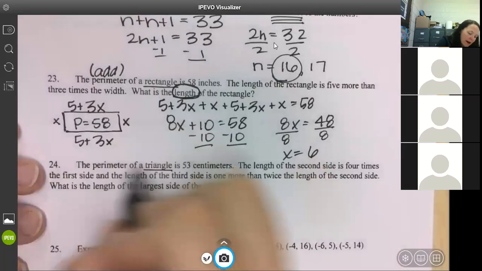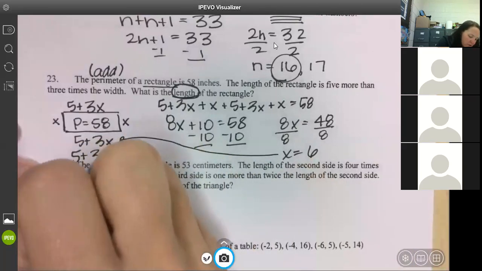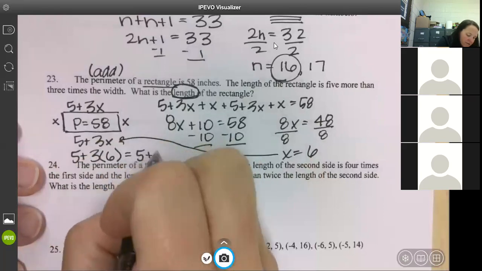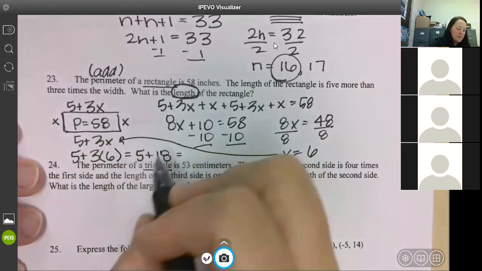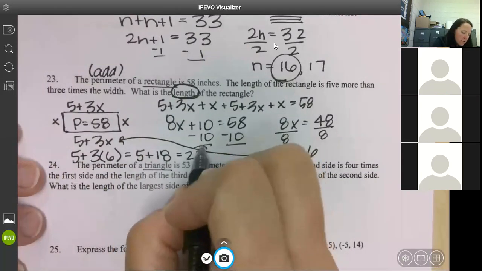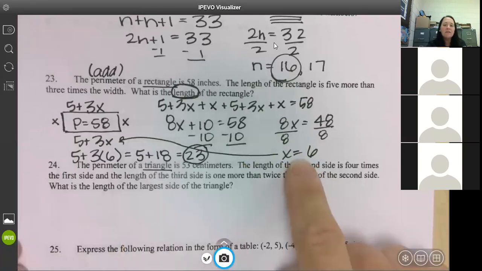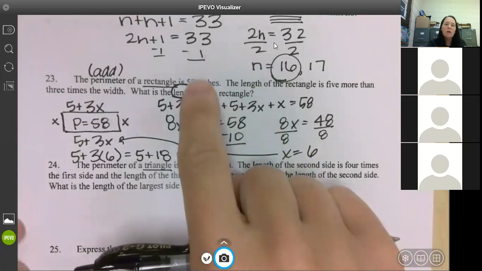So we have to go back over here and put it in. 5 plus 3 times 6, which is 5 plus 18, which is 23. That's the answer that they're looking for. Be careful. A lot of people give me this on the test, but it's going to be wrong because they didn't ask for the width. They asked for the length.